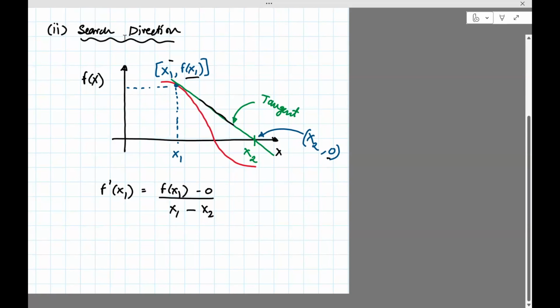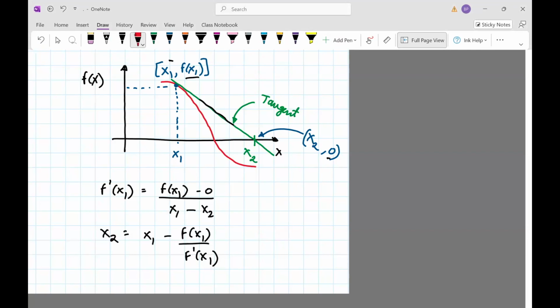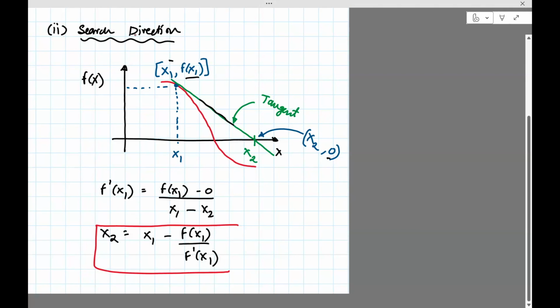So now what we do is we solve for x2. I think you get x1 minus, and that would be how you go about figuring out point x2.